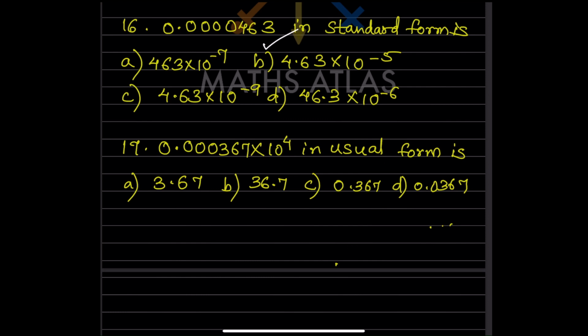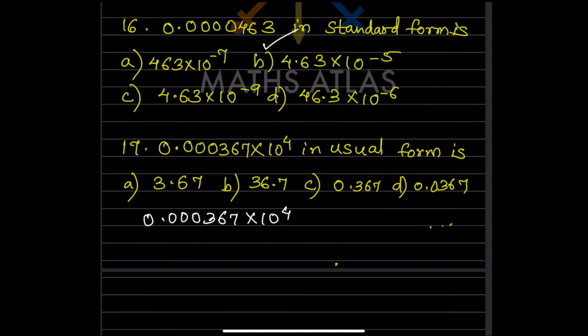Now again here, how are you going to write it in the usual form? Now this is 367 into 10 raised to 4. Actually the answer should be, if you are writing 3.67 and going forward, 10 raised to 2. So I'll show you how to do this one. 0 point, there are three zeros, 367 into 10 raised to 4.